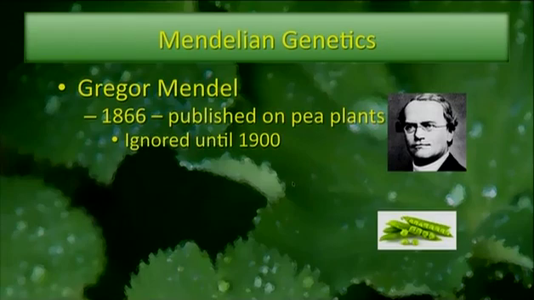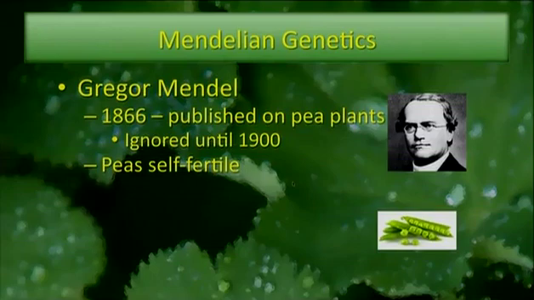Now the peas that he worked with are self-fertile. That means the pollen from the anther of a flower can pollinate the stigma of the same flower, and the sperm from that flower can fertilize eggs in the ovary of the same flower.